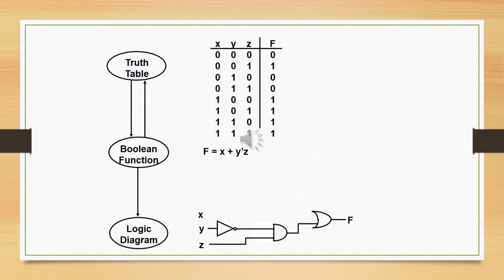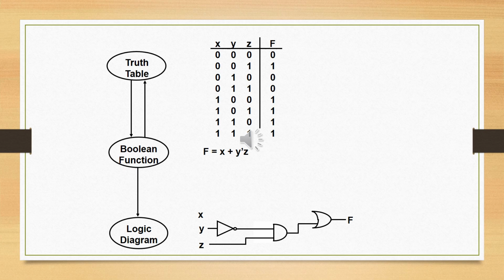So the first step, we derive the input-output combinations. For this set of input, I need this kind of output, and we can derive the truth table, that is the relationship between input and output. Next step is the Boolean function, and this Boolean function is used to find the logical expression of that input and output relationship.